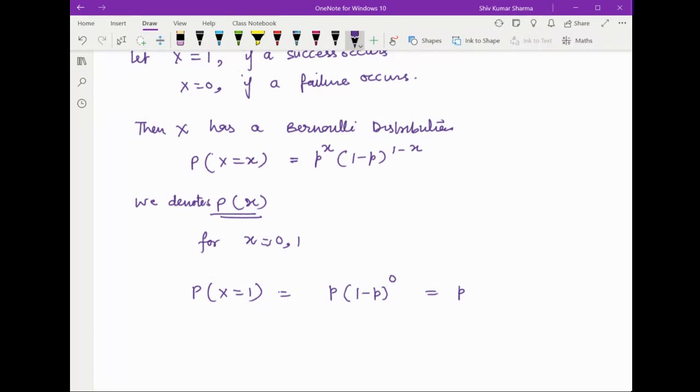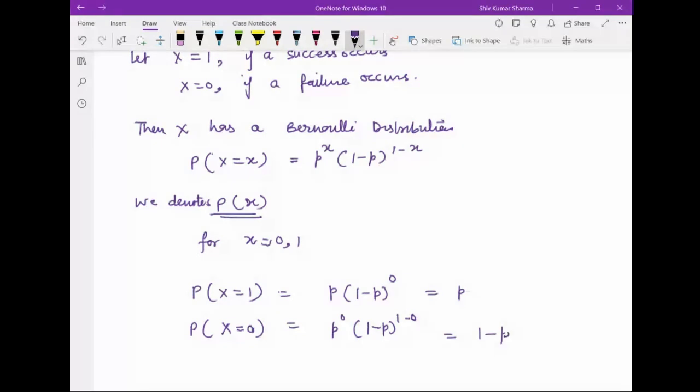And when we put x equal to 0, this means p raised to the power 0 and 1 minus p raised to the power 1 minus 0, which is 1, so this gives us 1 minus p.